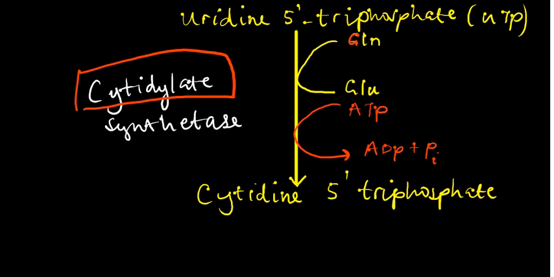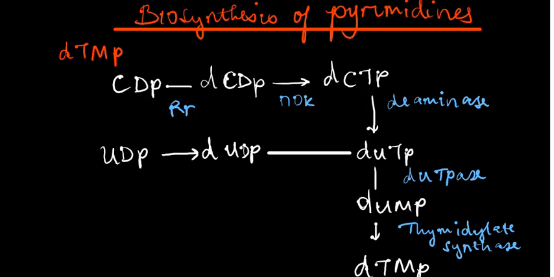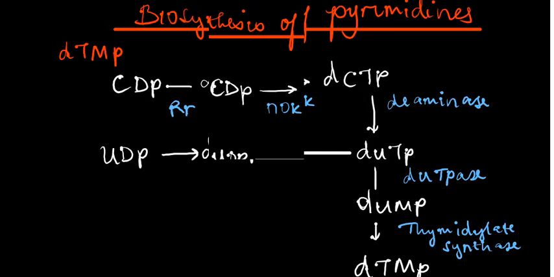So this is what aids the chemical reaction of converting uridine 5-triphosphate to cytidine 5-triphosphate, which is CTP. This is the very reason why we said UMP is used to make all the other types of pyrimidines. Okay, so next up we're going to talk about the formation of other types of pyrimidines.